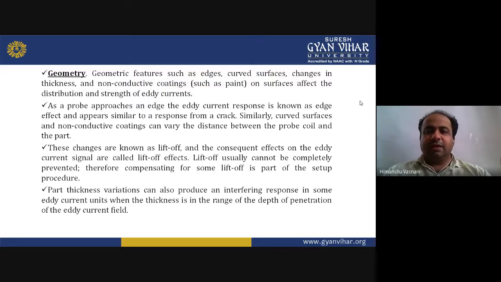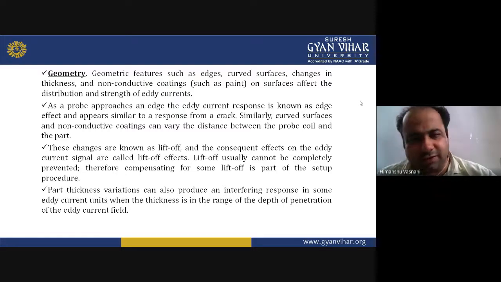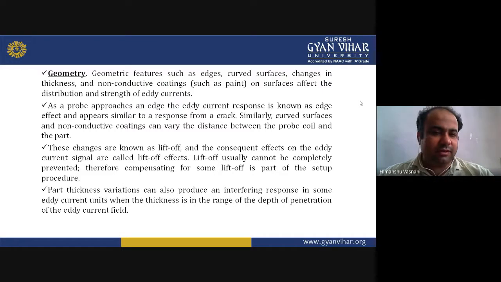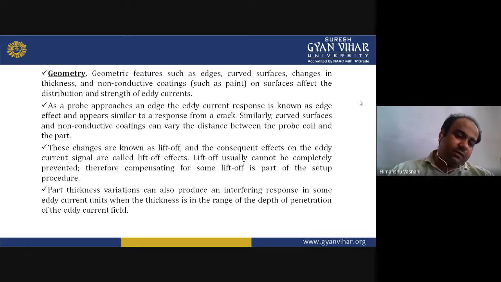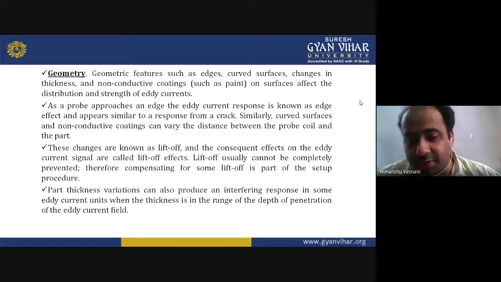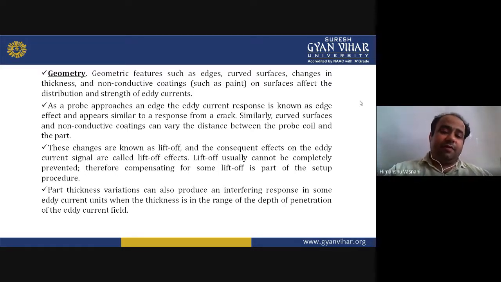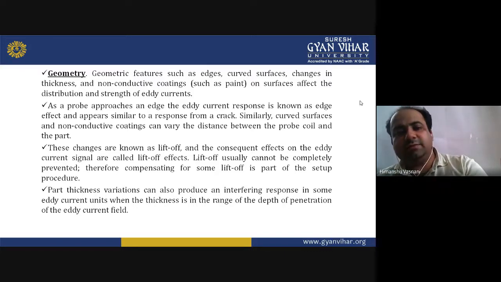Lift-off usually cannot be completely prevented, therefore compensating for some lift-off is part of the setup procedure. Part thickness variations can also produce an interfering response in some eddy current units because the thickness is in the range of the depth of penetration of the eddy current field.